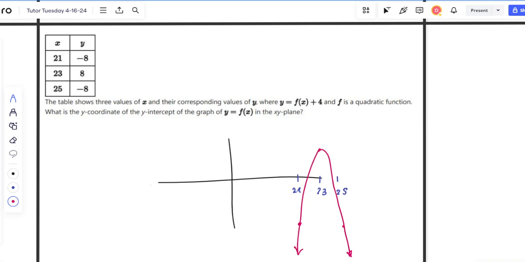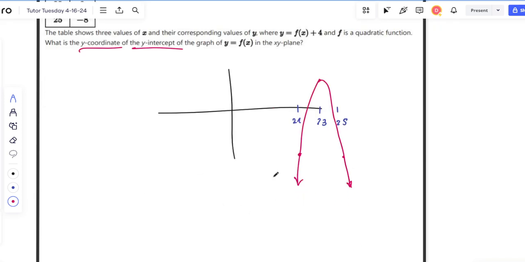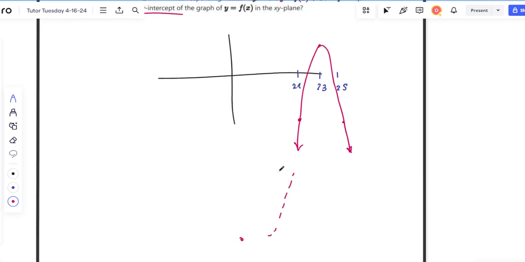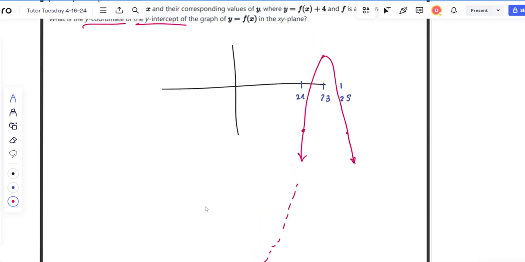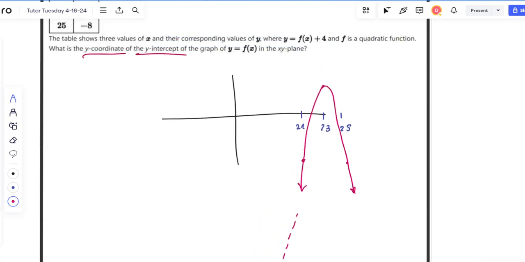Which leads me to believe that the y-intercept is going to be some very large magnitude negative number. It's going to cross the y-axis way down here. And how do we find that?